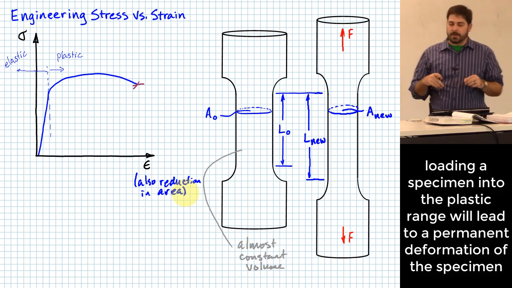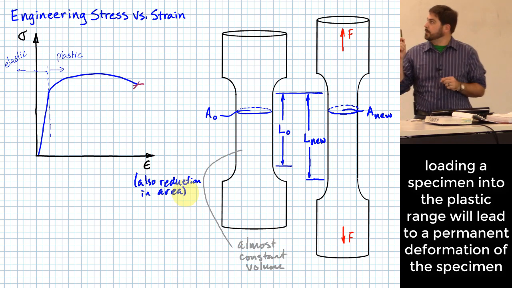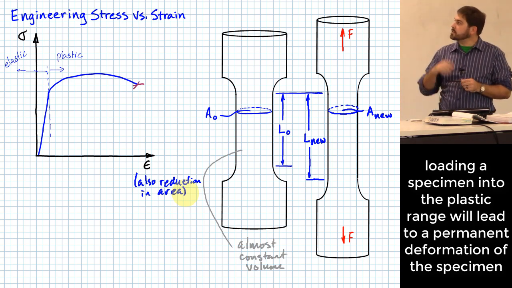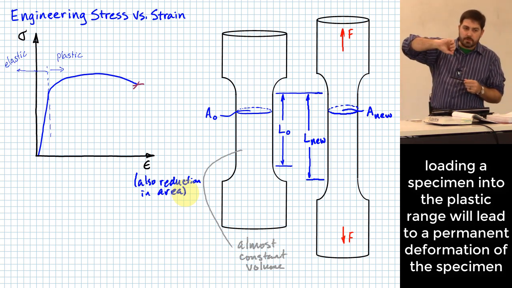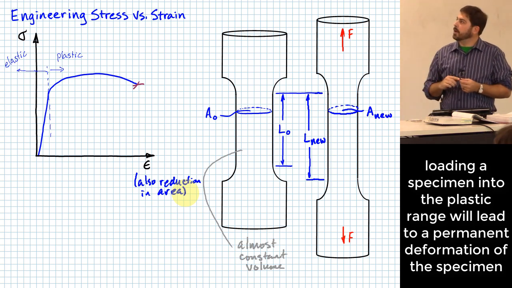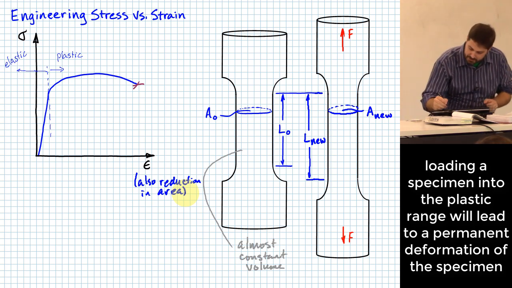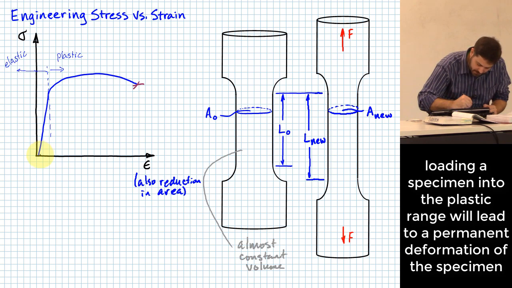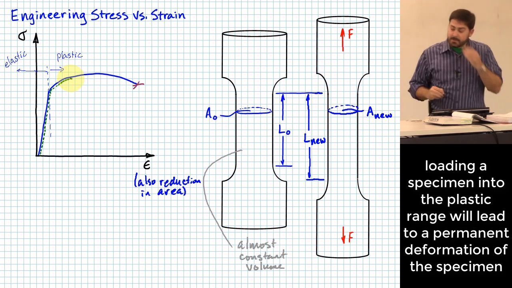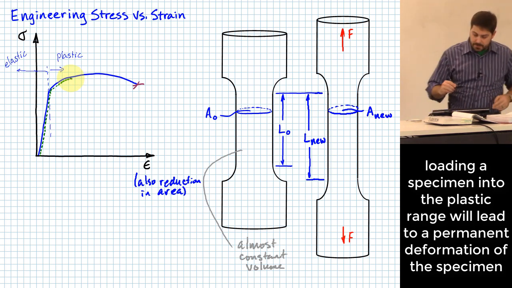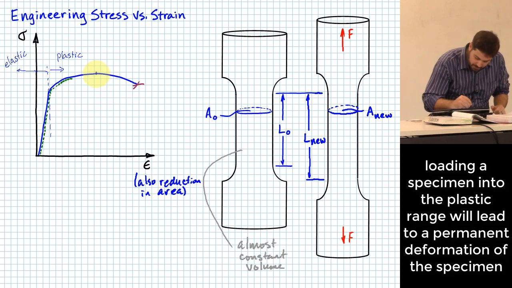Here's a question for you. What if I take that specimen and I apply some amount of force to it that causes it to deform up into the plastic range? So let me actually draw that on here and say, let's look at a little line here, right? It goes up into the plastic range, and I take it not quite all the way up to the ultimate strength of the material, right?